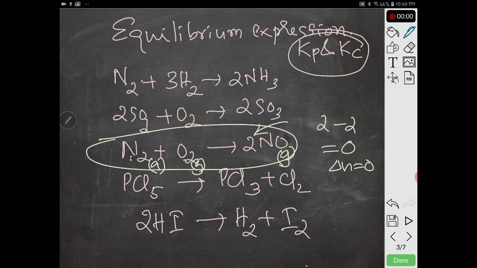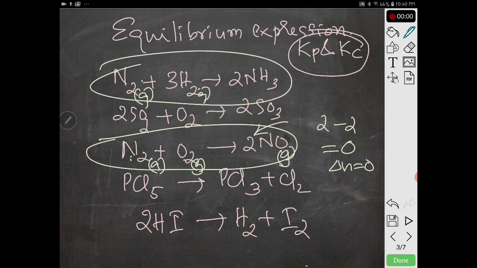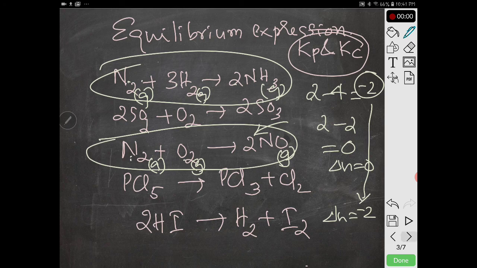If you take the first reaction, you know that nitrogen is in gaseous state, hydrogen is in gaseous state, ammonia is in gaseous state. So number of moles of the product is 2, minus 3 plus 1, 4. That is equal to minus 2. So that means delta n is equal to minus 2. This is how it has to be found out.